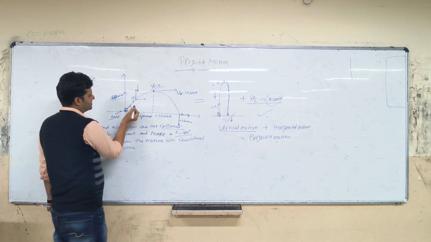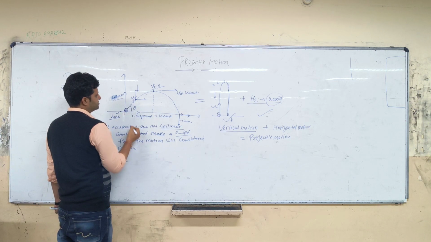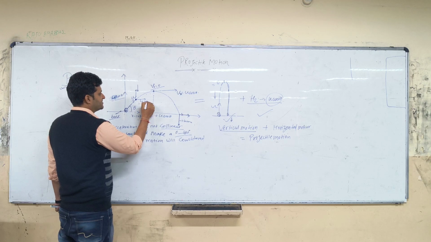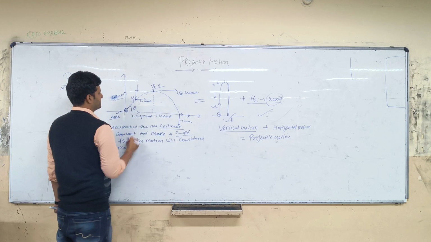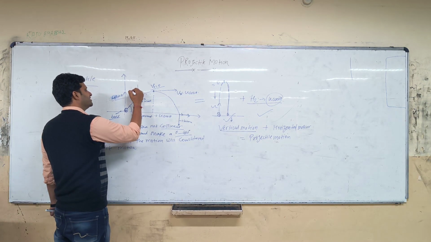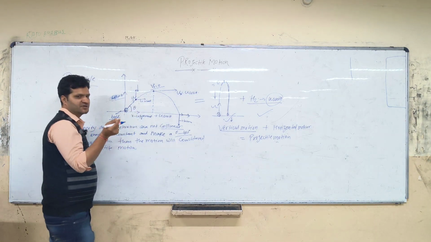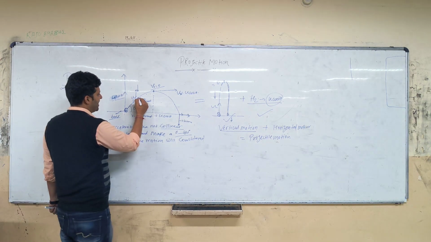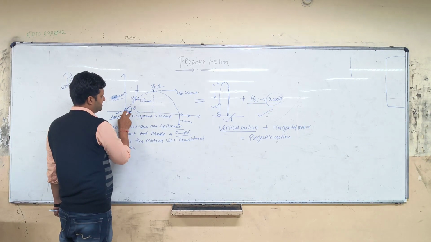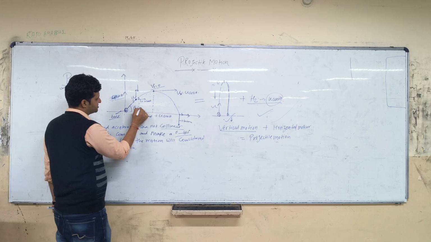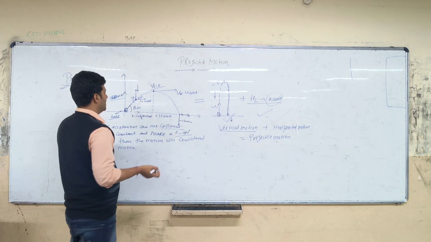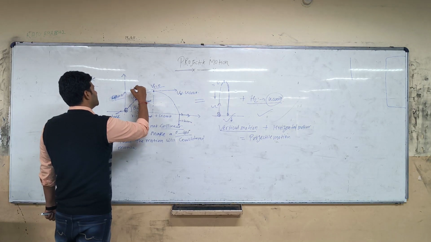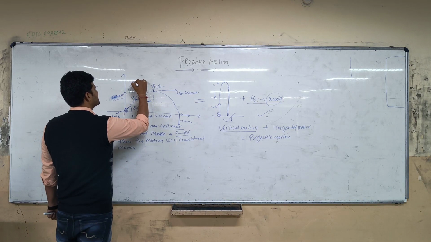At time t, at this position, the horizontal component will always be constant, u cos theta, and the vertical component will decrease by a certain value. That's why the angle changes. Suppose here it is 60 degrees, after some time it becomes 30 degrees, like that, and the vertical component, u sin theta, decreases.